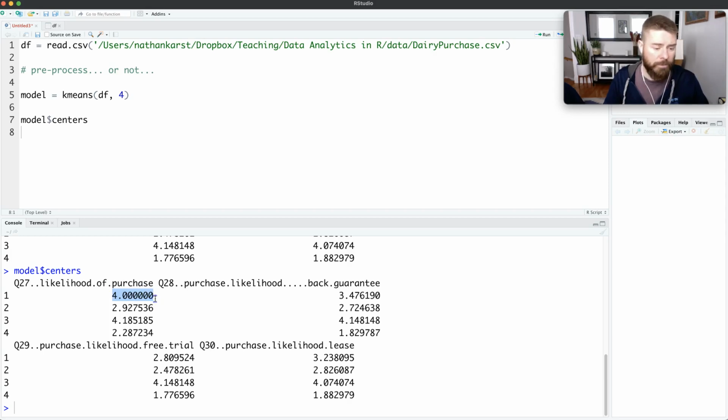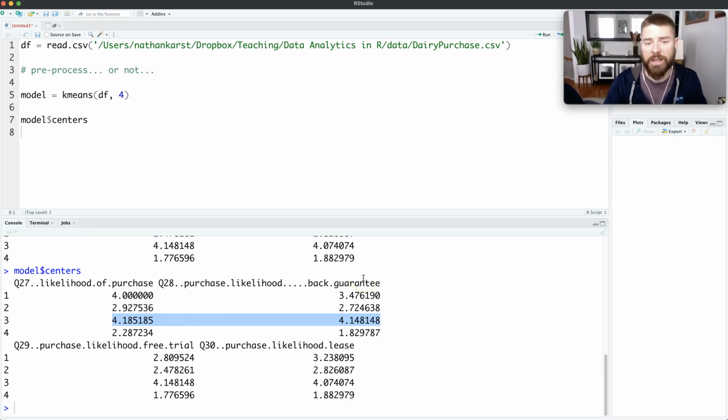So we go from 4 stars in group 1, it's just likelihood of purchase, to 3.4, to 2.8, to 3.2. And then a similar thing, although less pronounced, for cluster 2. So in all of these cases, except for the universally positive cluster, the farmers are more likely to purchase the product than they are to purchase the product with a money-back guarantee.